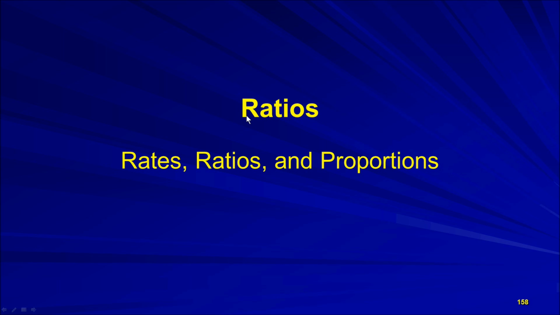And what follows under a ratio is A, rates, B, ratios, and C, proportions. And the most frequently used are rates. The ones that are preferred are ratios and proportions, and I'll explain why it's more difficult, if not impossible, to compute these.